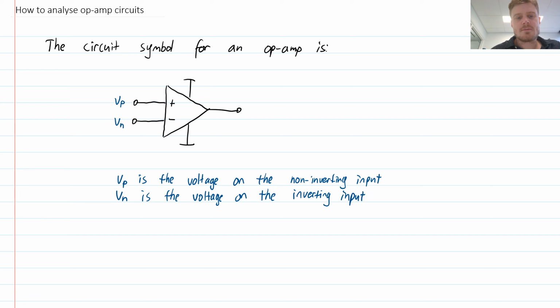Sometimes the power supply symbols are not drawn. Sometimes we leave off the power rails, in which case we would draw just the triangle shape.